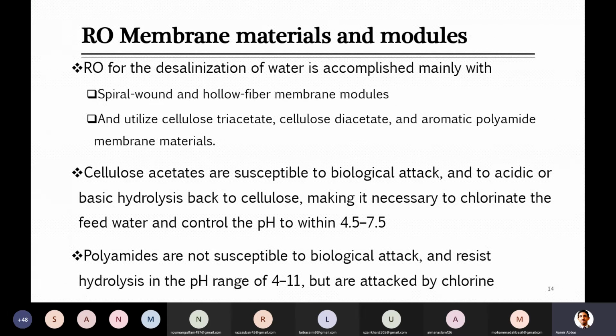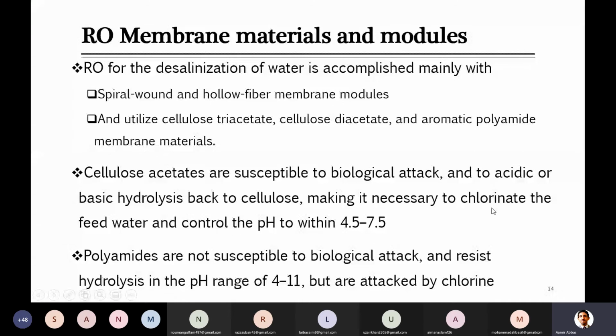The reaction can take place on the surface if it goes to some quite harsh acidic or basic condition, so that it can hydrolyze and produce cellulose. Actually, acetate is dissolved into its parts due to this reaction. So due to this reason, it is necessary to chlorinate the feed water.